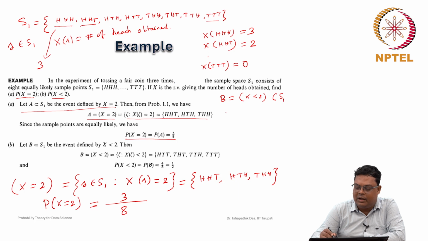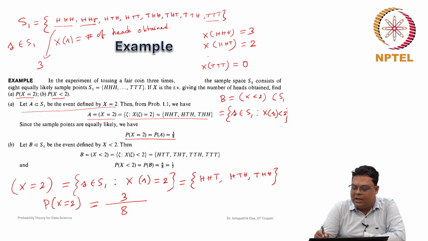Similarly, as we have already done, x less than 2 means all s belonging to S1 satisfying the relationship that the random variable x of s is less than 2.